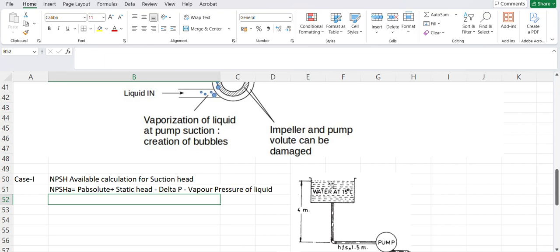So that gives the actual NPSH available at that pump suction.